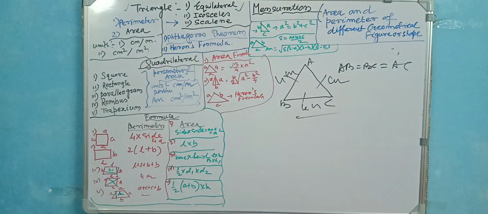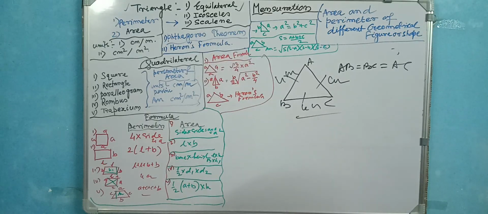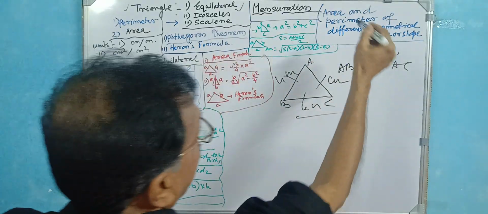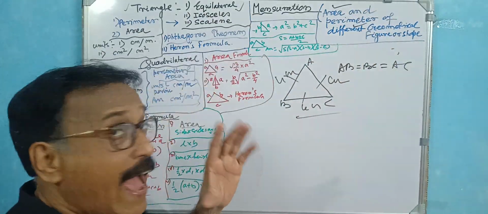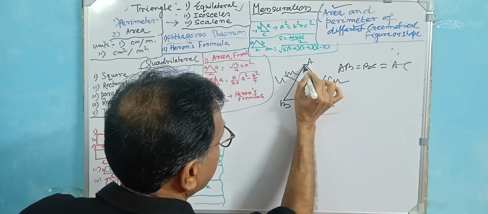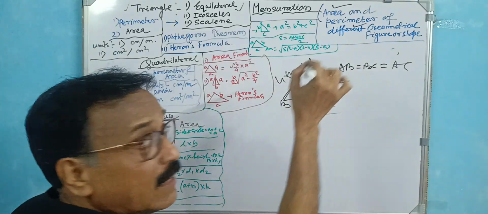First one, the concept must be clear. This is very much important in case of the mensuration. Is it clear to you? Now, area and perimeter. Actually, what do you mean by the perimeter? Perimeter means the boundary. You start from here, go to this, then to this, and then to this. What is the total distance?